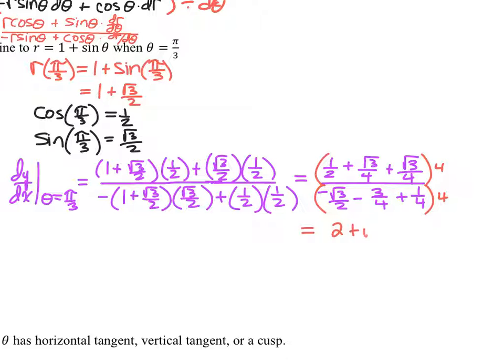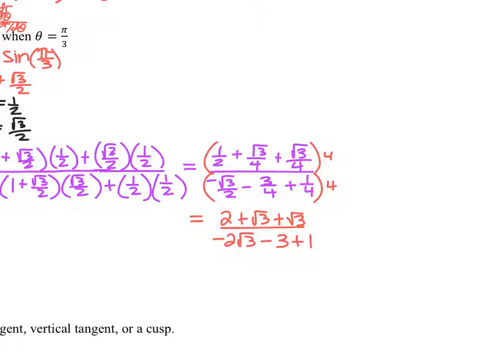So 2 plus root 3 plus root 3 over negative 2 root 3 minus 3 plus 1. Two plus 2 root 3 over negative 2 root 3 minus 2.